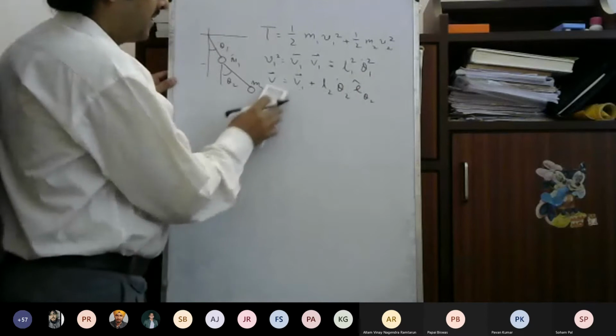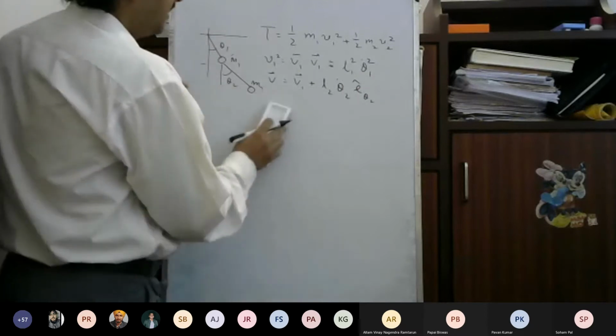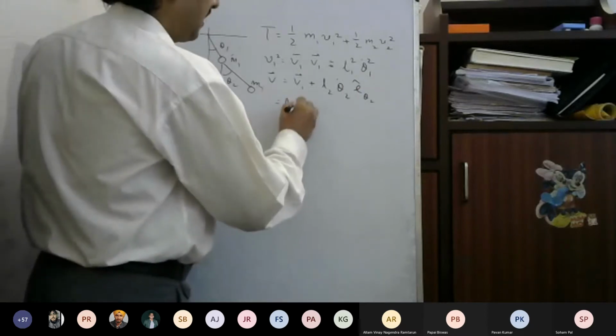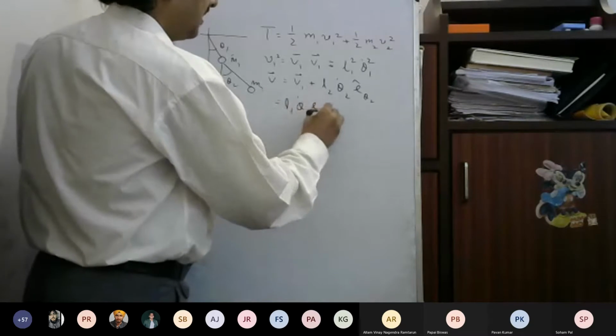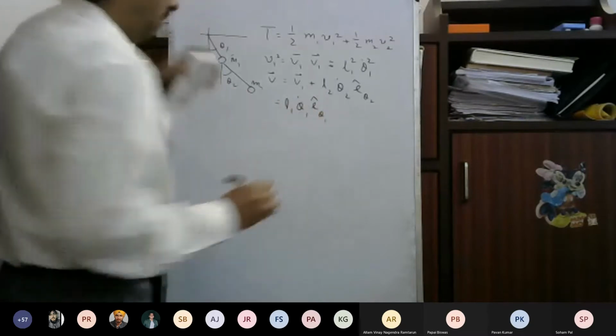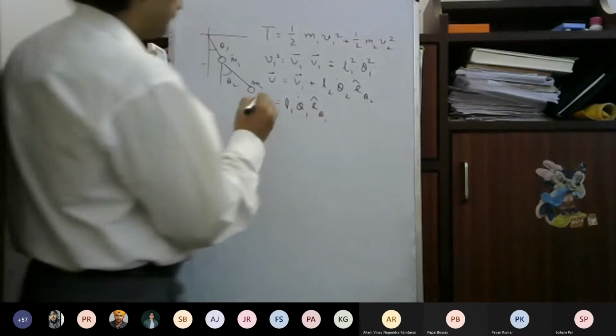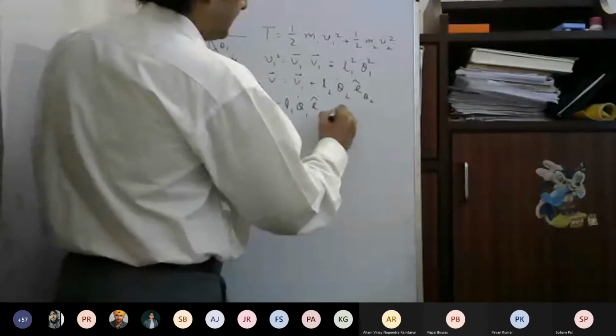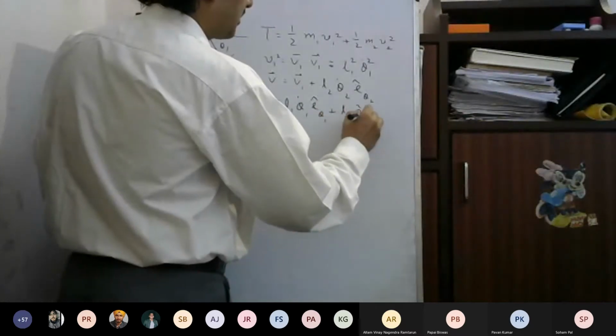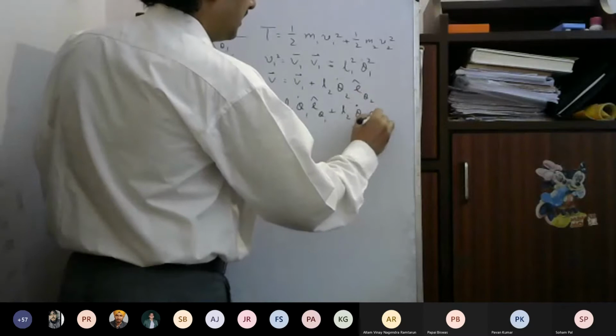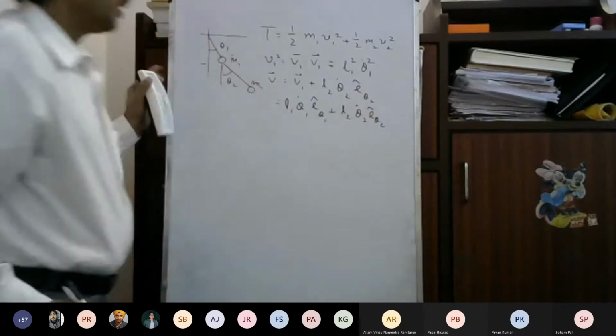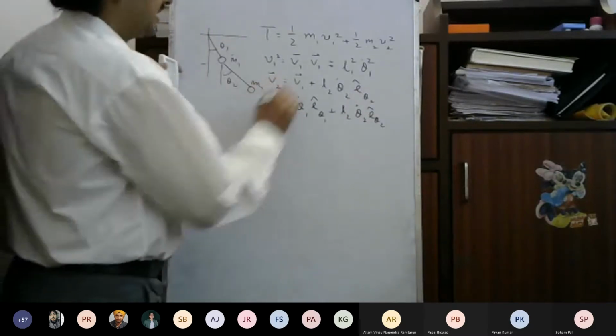So that is the one. And what is V1? V1 as a velocity will be L1 theta1 dot E theta1, and this plus L2 theta2 dot E theta2. So this is V2.